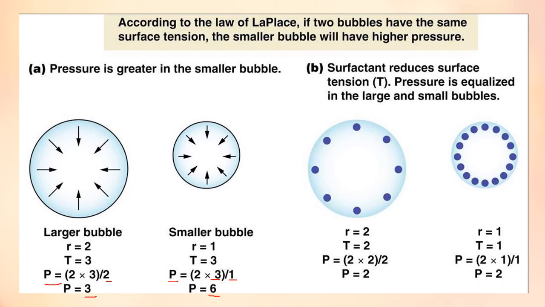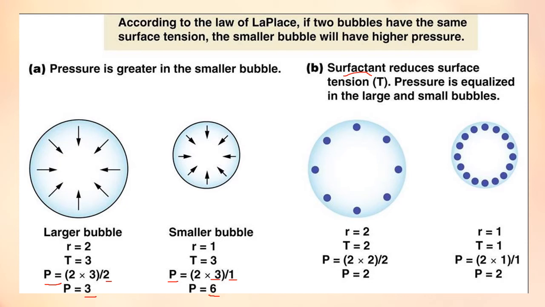So in B, let's say surfactant is used to reduce the surface tension. In bigger bubbles, you don't have to reduce the surface tension much, because naturally bubbles with large volume have low pressure, right?